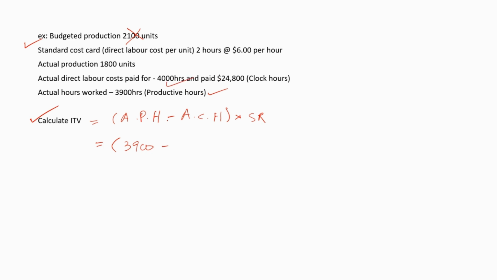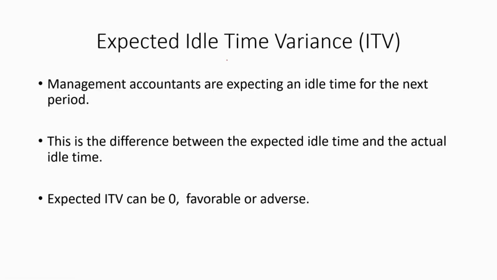This value, 4000. The standard rate per hour is $6 per hour. This is equal to negative $600, which means $600 adverse. This is because actual productive hours are less than the actual clock hours.